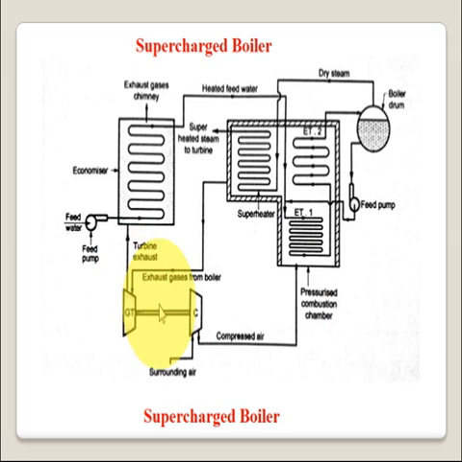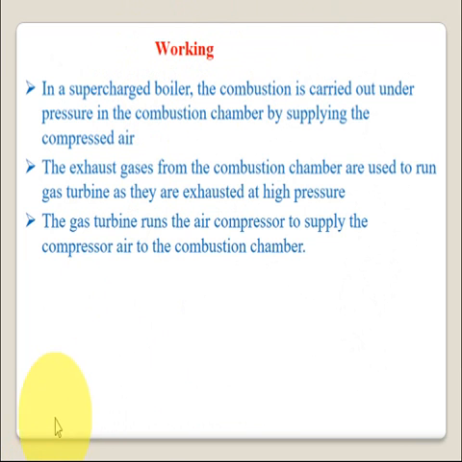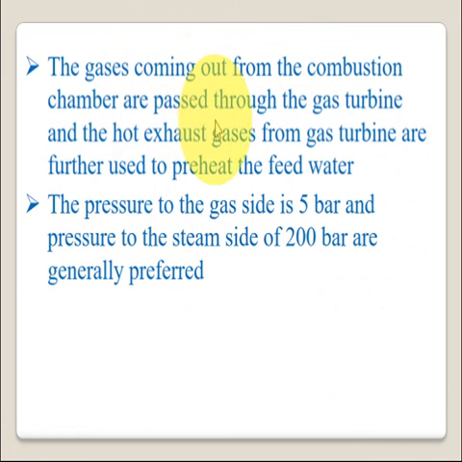The exhaust of the gas turbine is passed into the economizer, and from the economizer the exhaust gases leave the boiler. So this is the working of the supercharged boiler. Supercharged boilers have more efficiency.